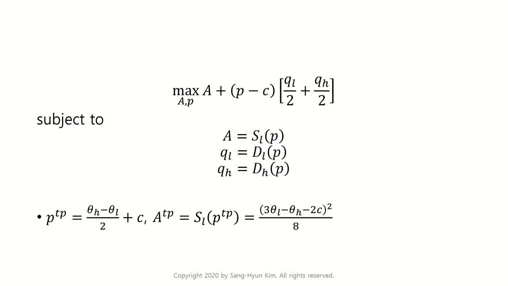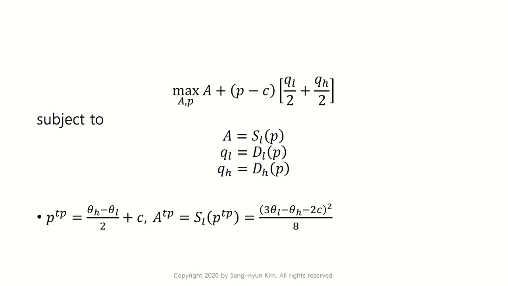So now we have this problem. We maximize the profit function by choosing A and P, right? A is the fixed fee, P is the unit price, and we have three binding constraints. The first one is the participation constraint for the low type, and the last two equations are demand functions, or the IC constraints for the high type and low type consumers.